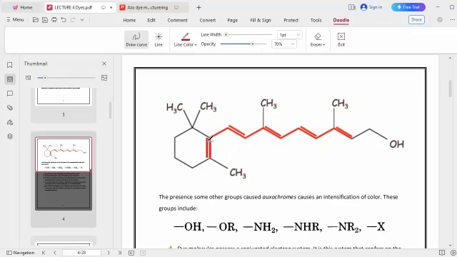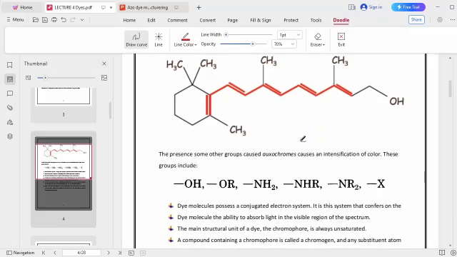See that there is a region with a carbon bond here, followed by another region without carbon bond, then carbon bond, no carbon bond, and so forth. So systems that have this conjugation system are also able to produce color.